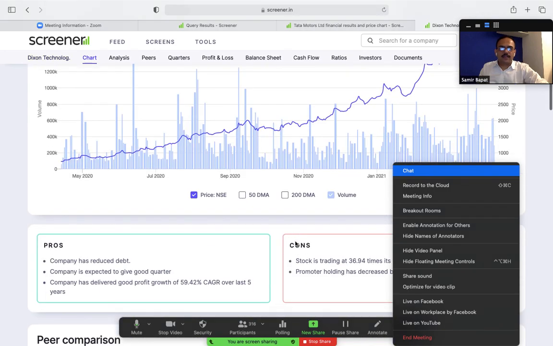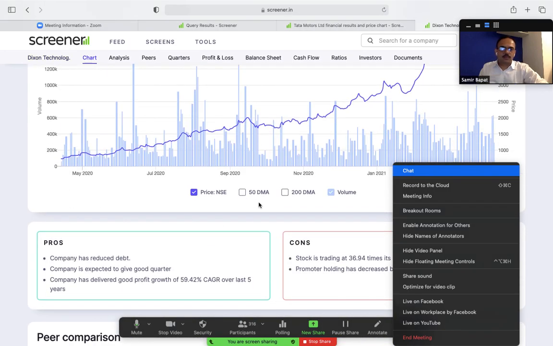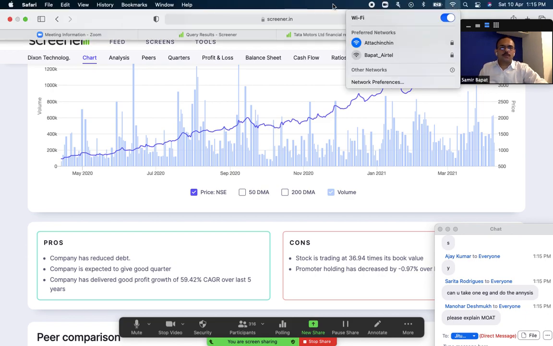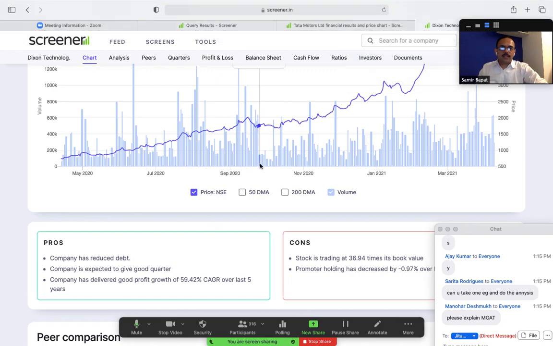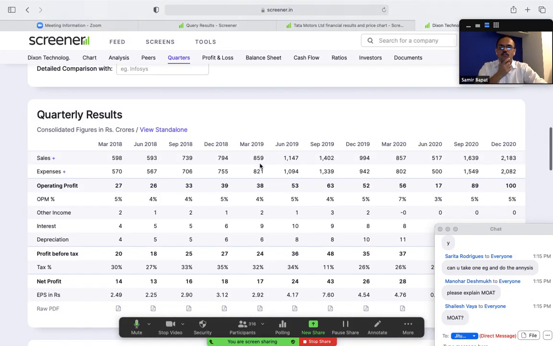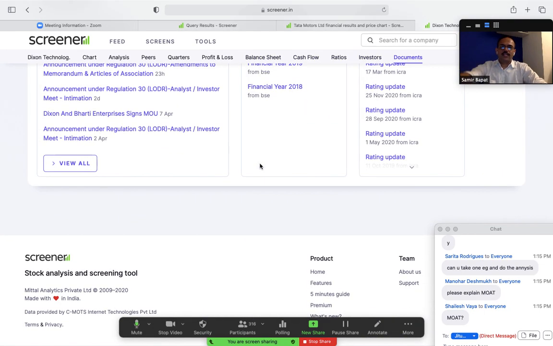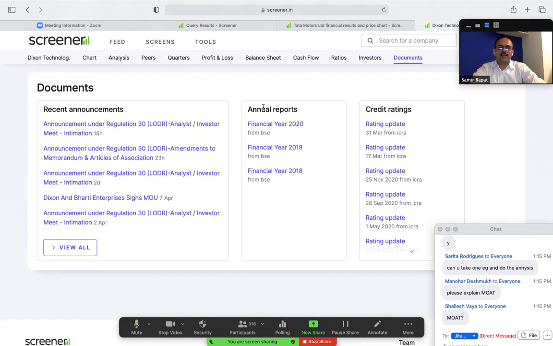What has happened, why is it hanging? Okay, now if we go down in the screener, you will have the financial year reports here. Can you see the financial year reports here? Yes? Okay, click on that.